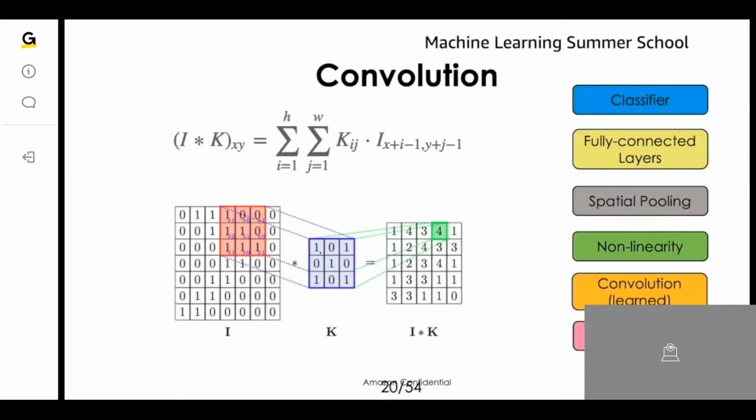Okay, so you're going to take this filter, place it over the first 9 pixels of the image, and you're going to take a dot product, which will give you the result 1. You're going to slide the filter by 1 pixel each in the horizontal direction first, take a dot product, which will give you 4, and slide it again, take the dot product, which will give you 3. Once you reach the end of the horizontal strides, you come down by 1 pixel, and again take a dot product to get 1, and then 2, and so on.